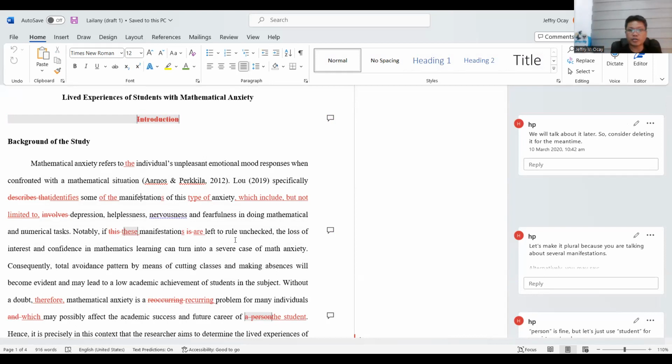Because as I mentioned in part 2 of this series of video lectures on how to write a background of the study, the thesis or dissertation is a co-authorship between the researcher and the advisor. But the rule of thumb is the advisor can contribute a maximum of 20% only.